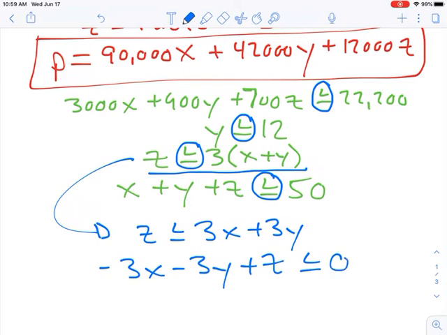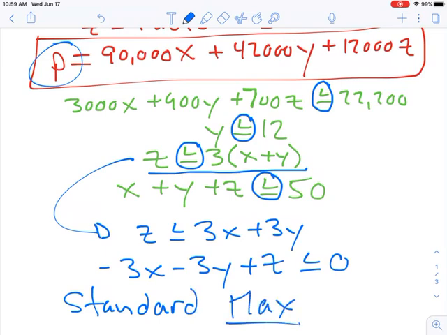But the important thing is all of the inequalities are less than or equal to, and we are trying to maximize. So this would be a standard maximization problem, a standard max problem, which means you have to go back and say, okay, how do I set up a standard max problem? And then you take it from there.